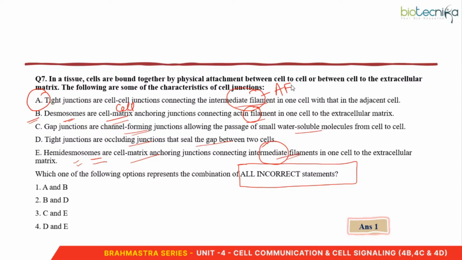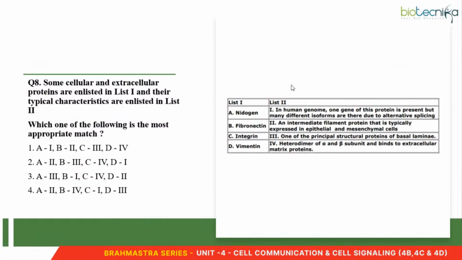Okay, try solving the questions in this way. Another match the following kind of question for you. Now, this is related to your ECM proteins: nidogen, fibronectin, integrins, vimentin. Identify the correct combination here.